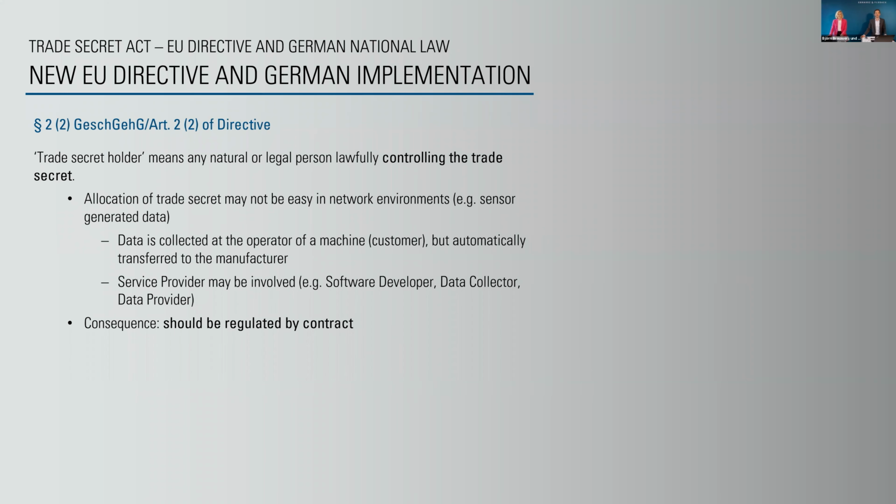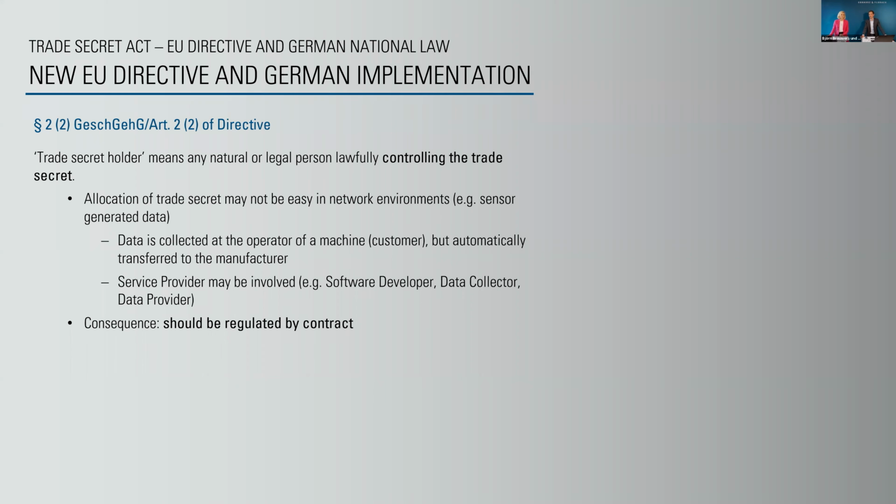Another interesting question is who is the holder of this trade secret, also in a network with multiple actors and other companies you involve when developing your system or when you're offering your system. It may at the end not be that clear who is the owner of the data, who controls the data, and therefore it's very important at this point to have clear contracts which make it clear who is the owner of the trade secret.